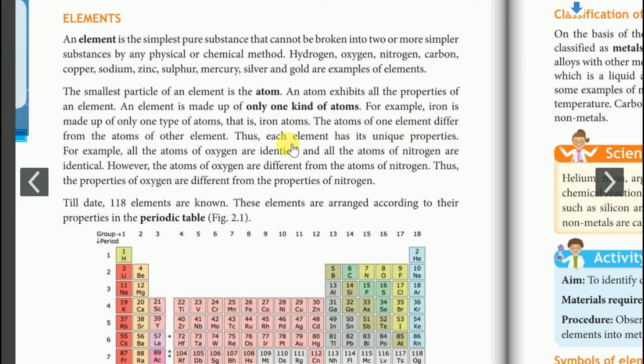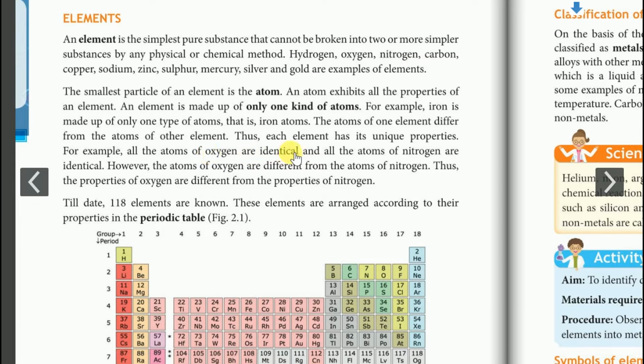For example, all the atoms of iron have magnetic properties, but the atoms of sodium don't have any magnetic properties. They will not be attracted towards a magnet.